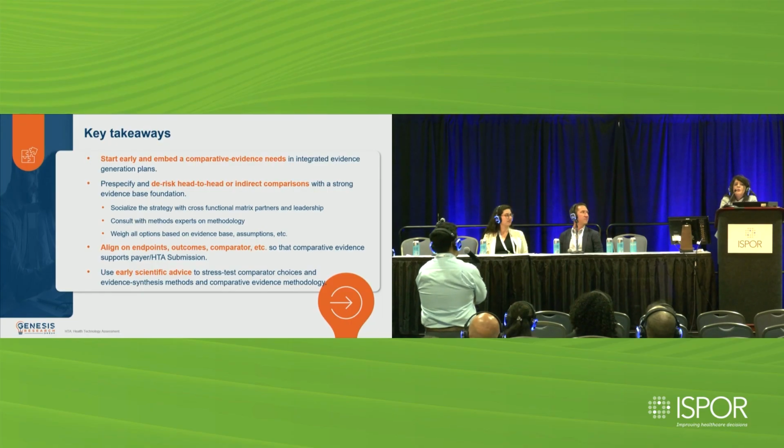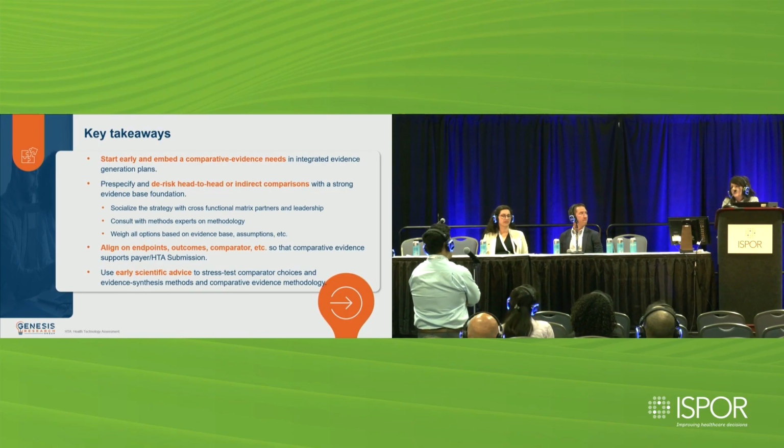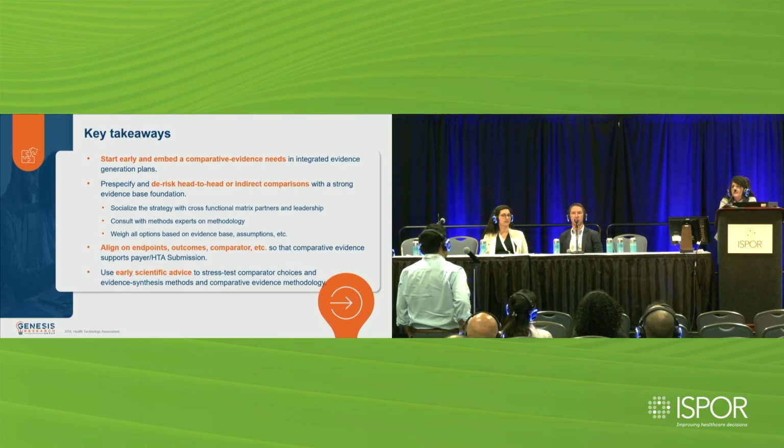Yeah. So I think, again, it depends is the answer. There's a lot of nuance to what can be presented proactively versus not. And you're absolutely right that there is a lot of sensitivity around comparative evidence. And that is why it requires a lot of alignment within the organization, because you have to de-risk not just from a regulatory perspective, but also from a commercialization perspective in terms of what data should be or could be presented.